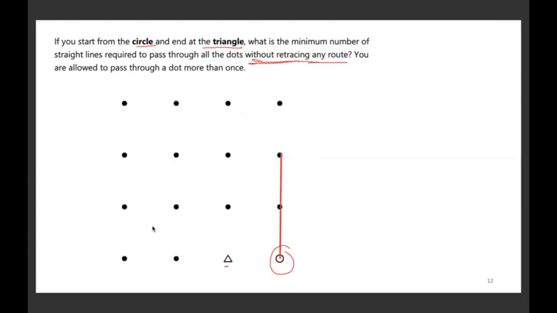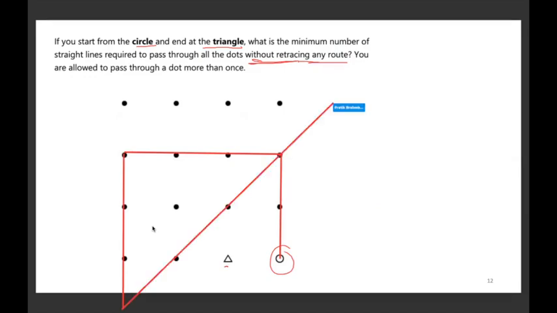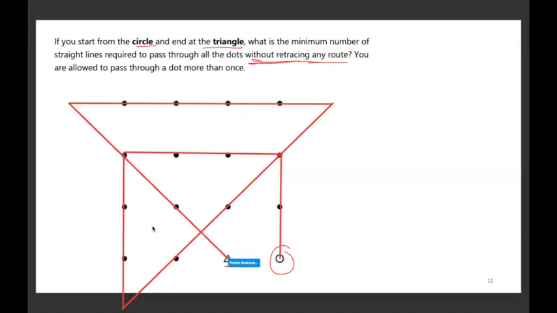Then I go here. I'll number it, don't worry. Once I've drawn it, I'll number it also, don't worry. This is the third route. Fourth route. Fifth route. And sixth route.